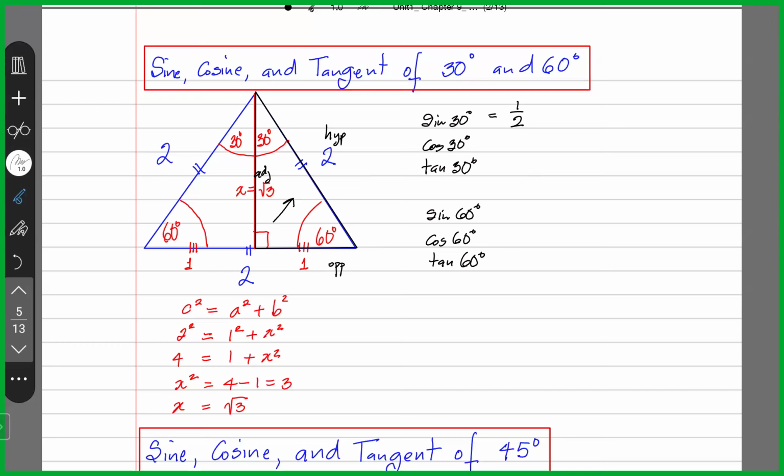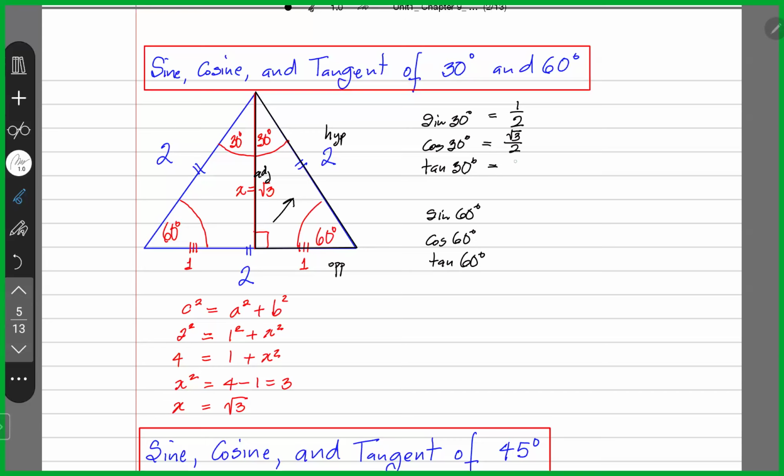Cosine is adjacent over hypotenuse. The adjacent is root 3. The hypotenuse is 2. The cosine of 30 degrees is root 3 over 2. Now, lastly, tangent. Tangent is opposite over adjacent.